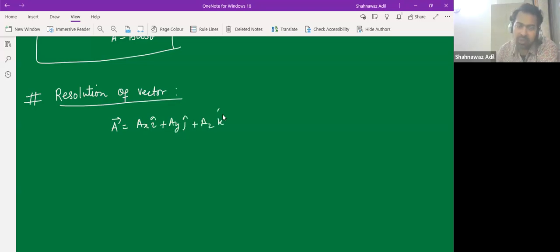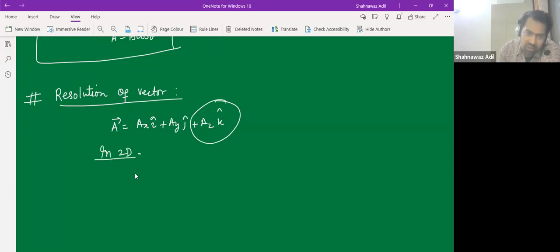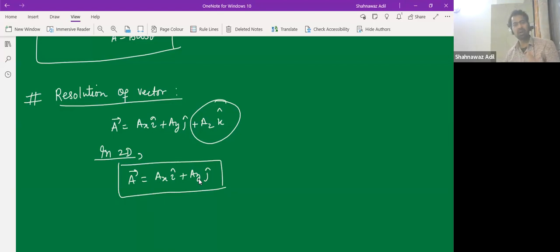This is the vector in three dimensions, i, j, k. If we are talking about a vector in two dimensions, we can remove this part. So in 2D, the vector is represented by this. It will have two components, x component and y component. The z component is 0.